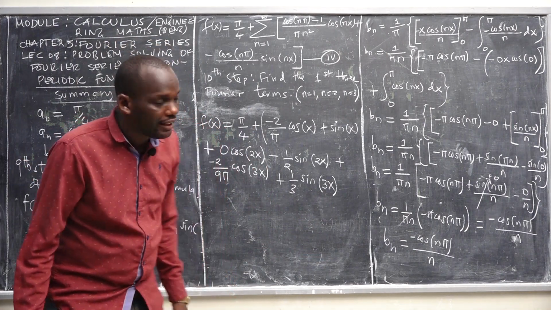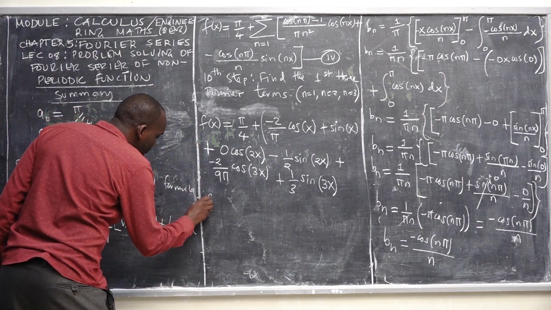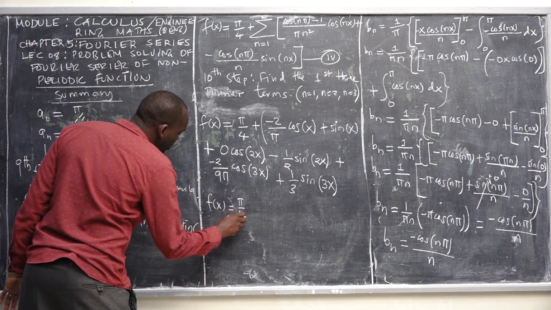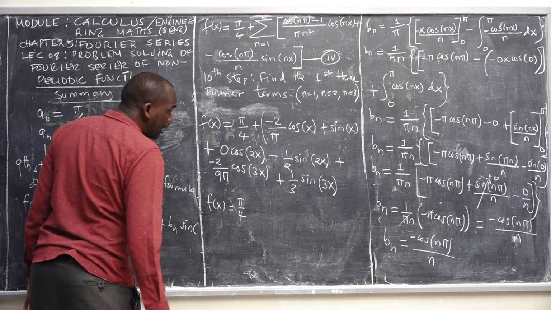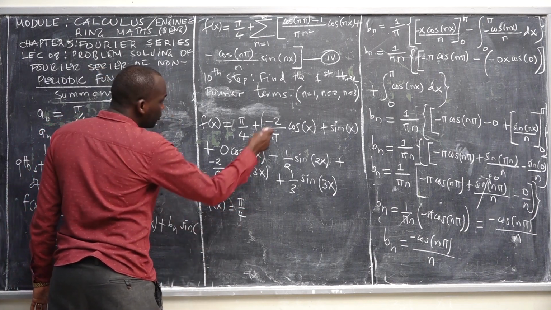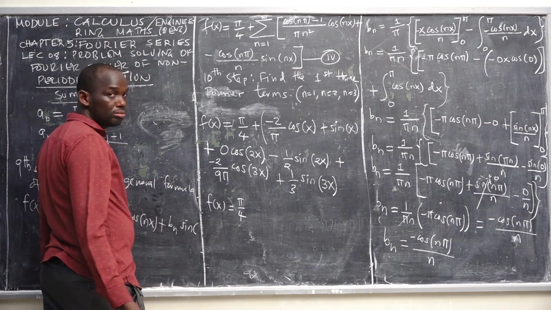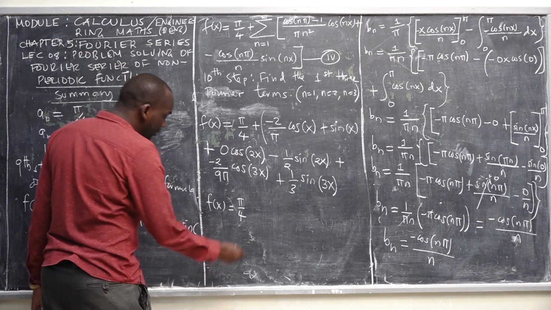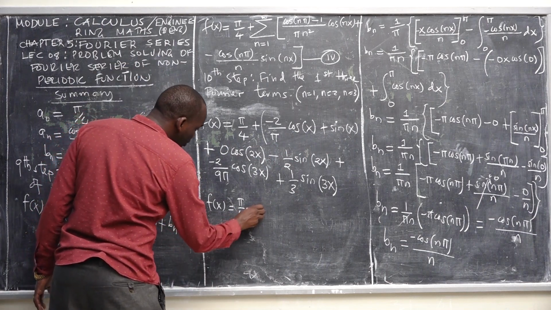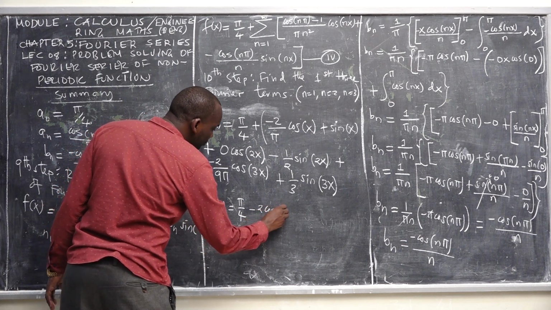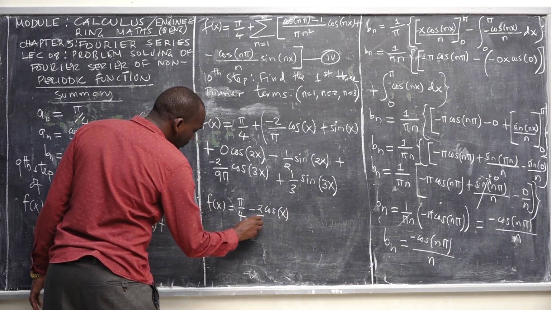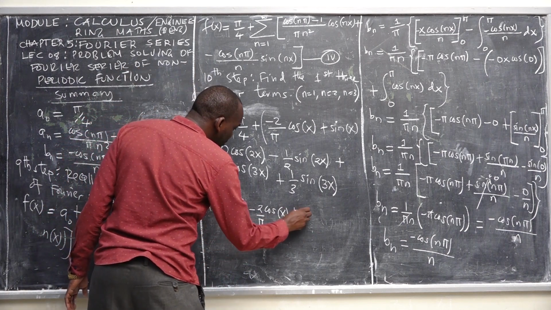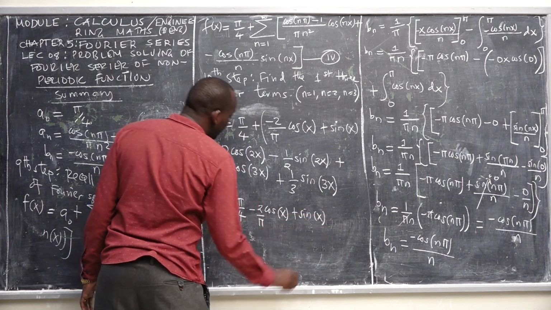Are we together? So now we rewrite our function. f of x is equal to pi over 4. Do we have any constant term? No. Pi is not constant. Here we have pi, but here we don't have pi. So we have minus 2 cosine of x over pi. Are we together? Then plus sine x.